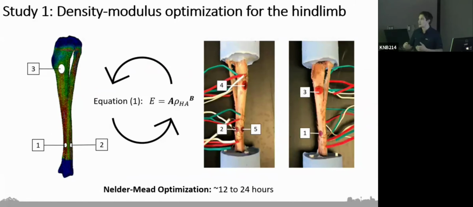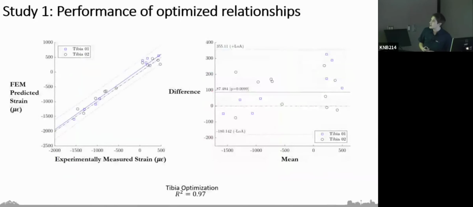Once we obtained those optimal parameters for A and B, we have this final density modulus relationship. This is what the FE predictions look like in comparison to these experimental measurements of bone strain. Here on the left, we have our FE predicted bone strains plotted against our experimentally measured bone strains.